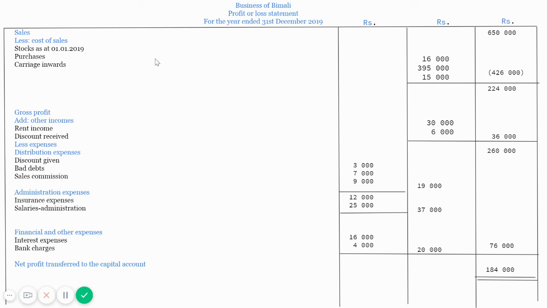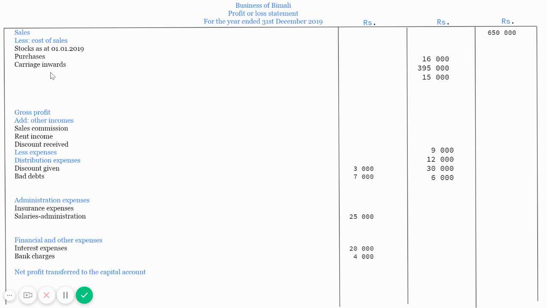Then opening stocks, purchases and carriage inwards were taken. Then we'll move on to the next figure, sales commission. Sales commission is a little bit of a tricky item that they are going to give us under the trial balance.